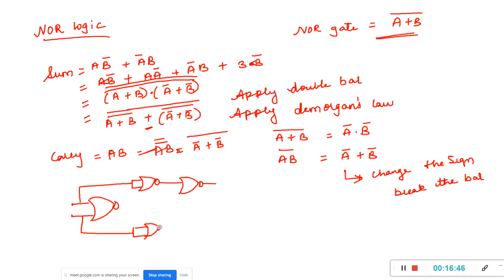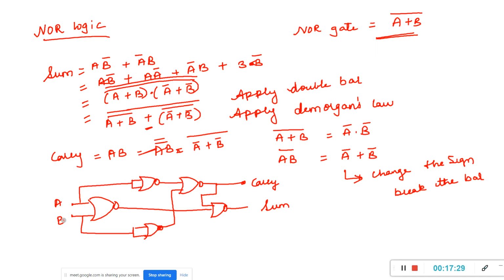This is shorted NOR gate. A input, B input.